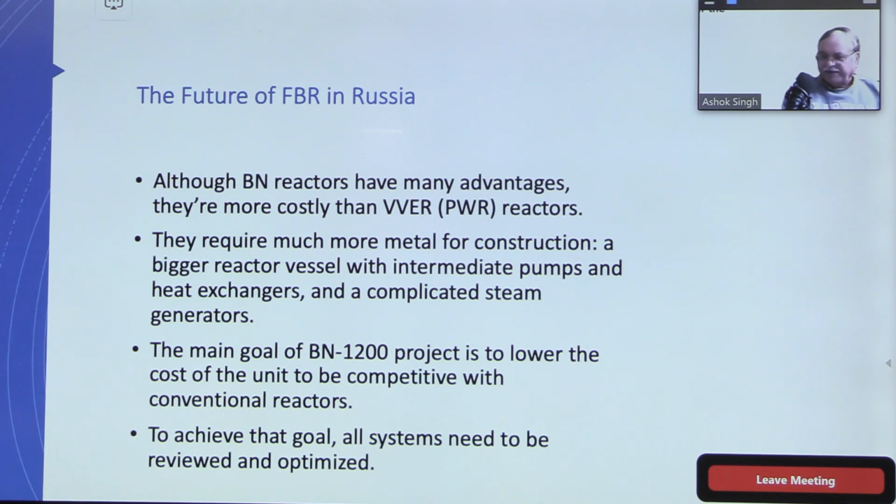Design is more complicated. But the main advantage is that you will be able to get more plutonium and you will be able to use the depleted uranium in future programs. So disadvantage: lower efficiency, more complexity, higher cost. Advantage: more plutonium available and using the depleted uranium in the future.